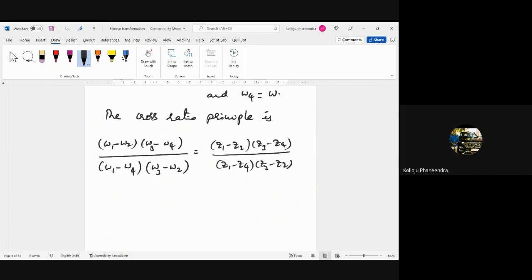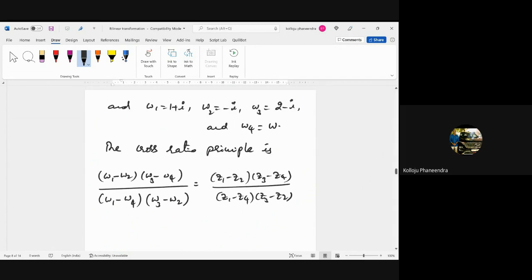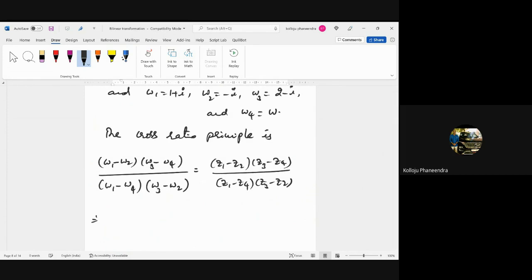Now let me substitute one by one. What is W1 here? W1 is 1 plus I. So 1 plus I minus W2, minus I plus I. Done. W3 is 2 minus I, and W4 is W, so W1, 1 plus I minus W. Next W3, 2 minus I minus W2, that means plus I, equal to.